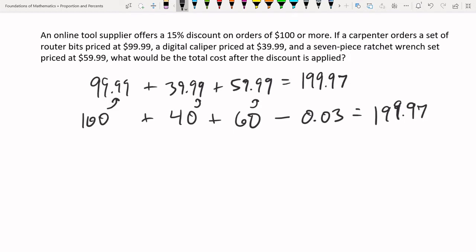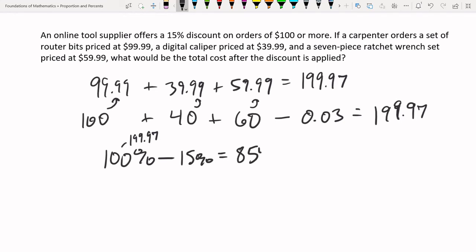Okay, so we have a total cost of $199.97, and we know that this is in fact more than $100, right? So we're going to get a 15% discount on it. A 15% discount is like saying we have a 100% price, which is our $199.97, and we're taking off 15% because it's a discount. It's taking it off.